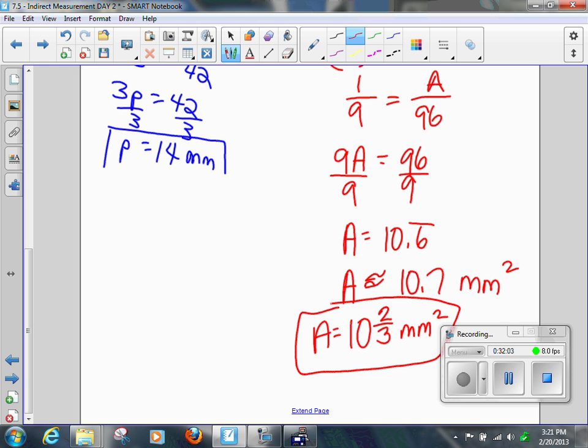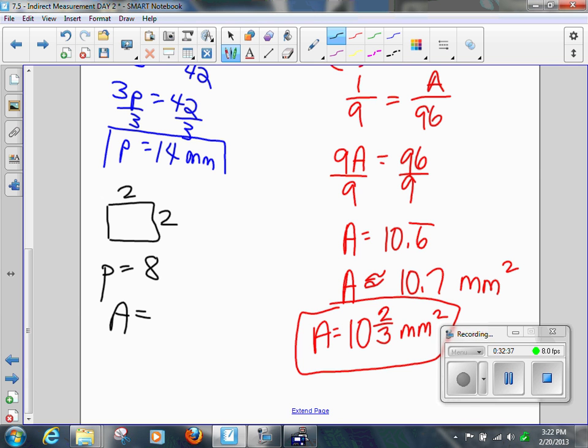Now, does that puzzle anybody? Look at those two numbers we found. Can the perimeter be more than the area? I would have thought not, but then I looked at this and went, oh, that can't be right. But look, if you have a square that's 2, what's the perimeter of that square? 8.